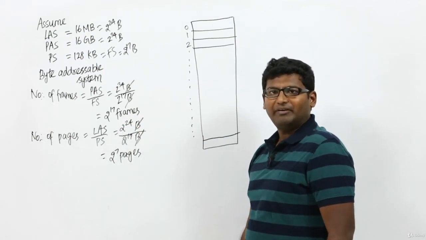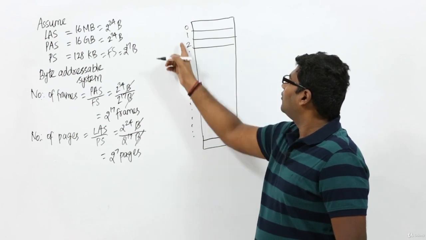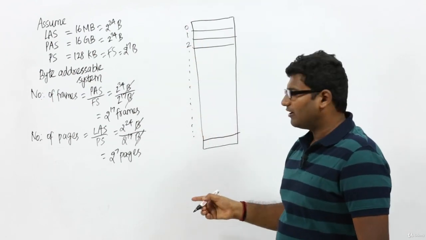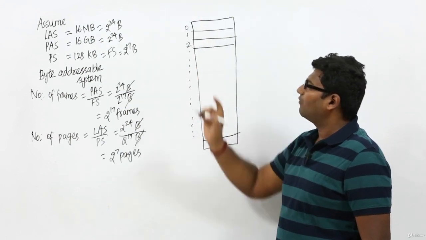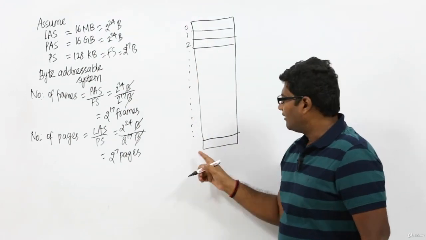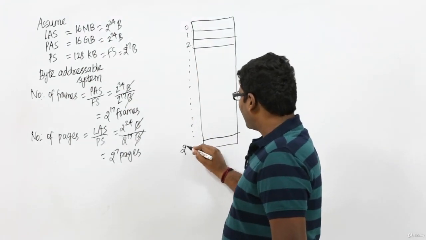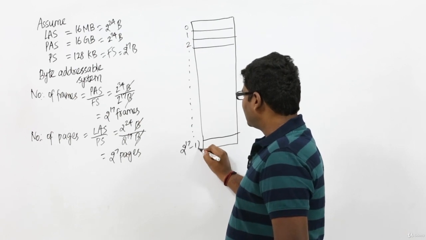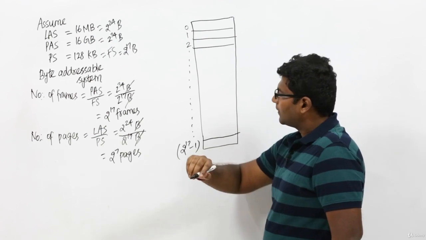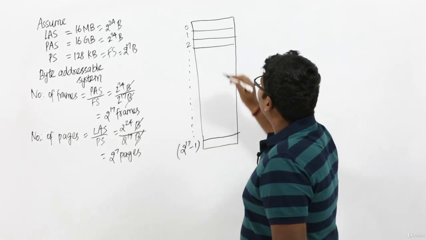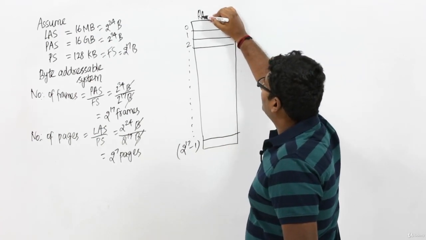If I started counting from 1, it could have ended at 2 power 17, but since we always start with 0, it will come till 2 power 17 minus 1. This is how the RAM looks.